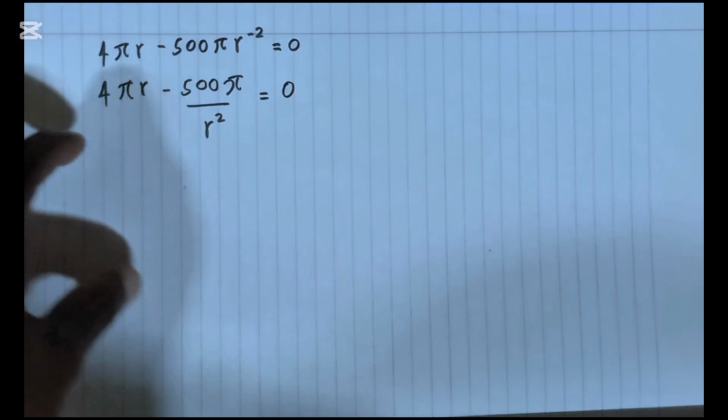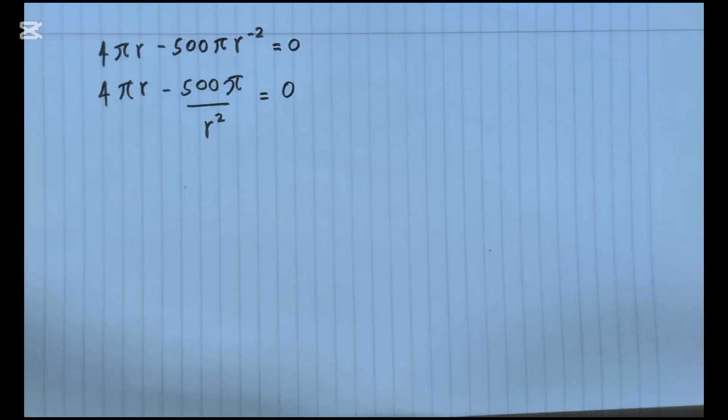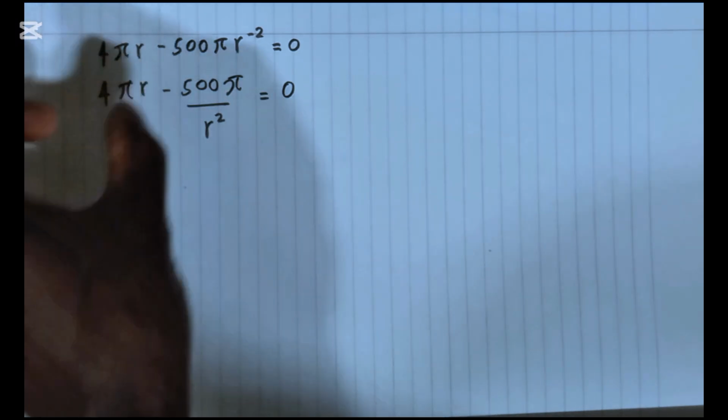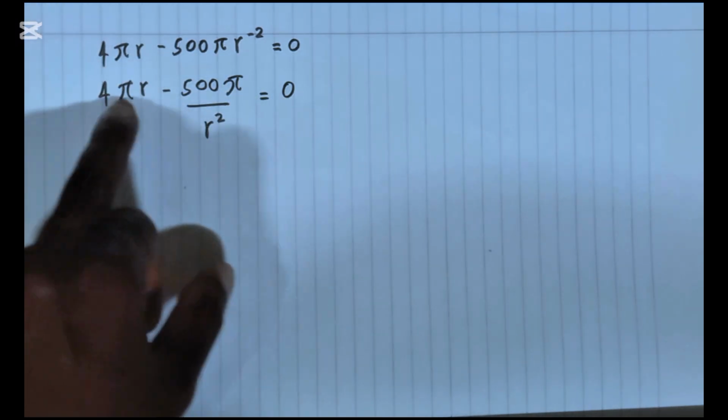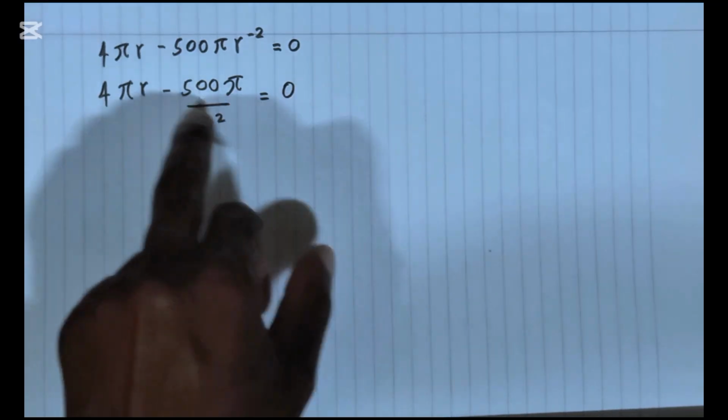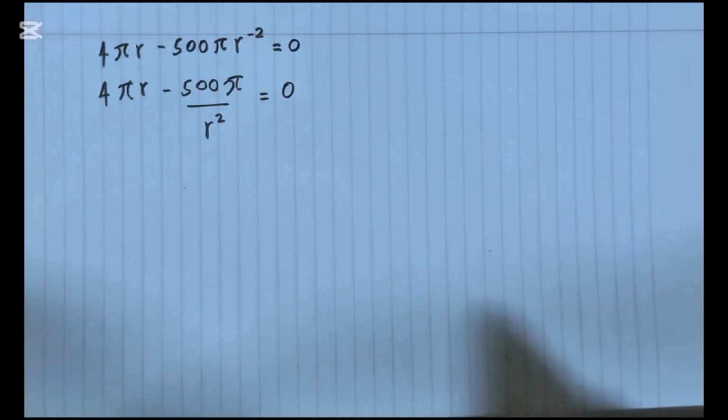So for us to have a clean equation that has less complications, we're going to multiply all of these terms by the LCM of these terms independently, which is actually r squared.